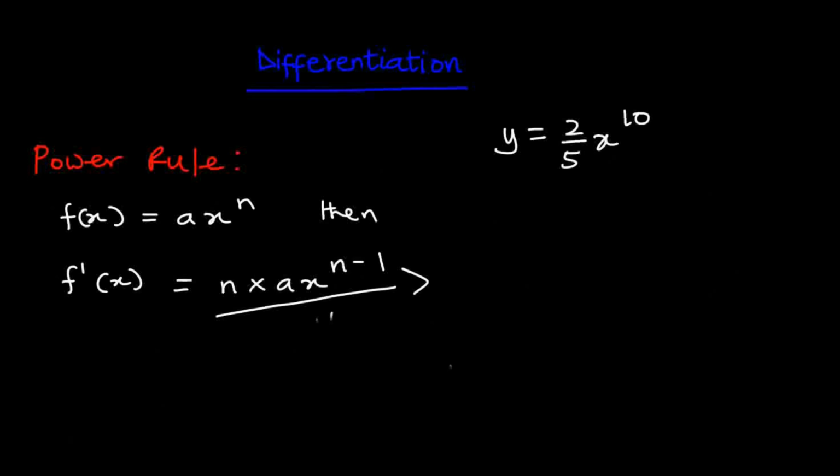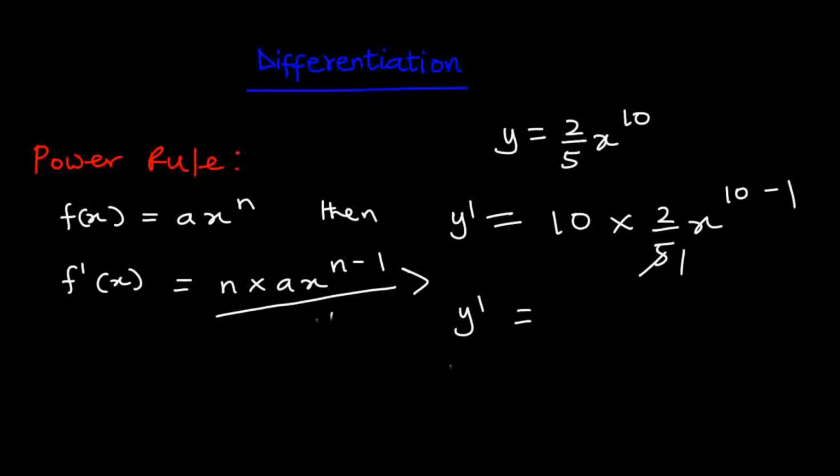In this case, the derivative of this function, y prime, will be equal to 10 times 2 over 5 x to the power of 10 minus 1. 10 minus 1, so this will give us y prime equal to, 5 will go into itself 1 and then go into 10 2 times, so 2 times 2 giving us 4, x to the power of 10 minus 1.